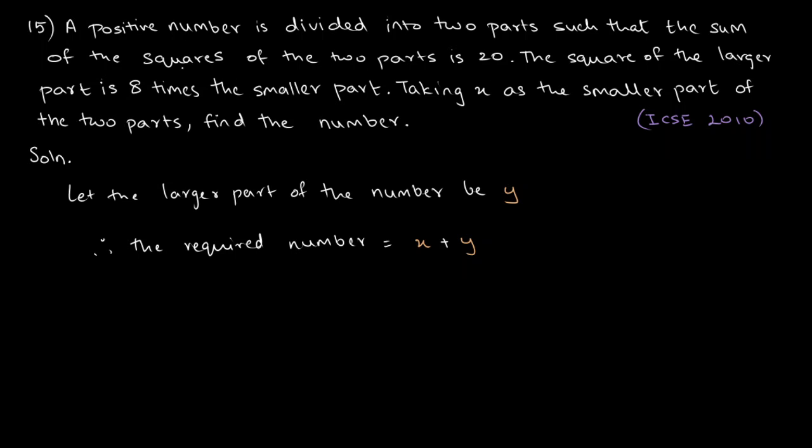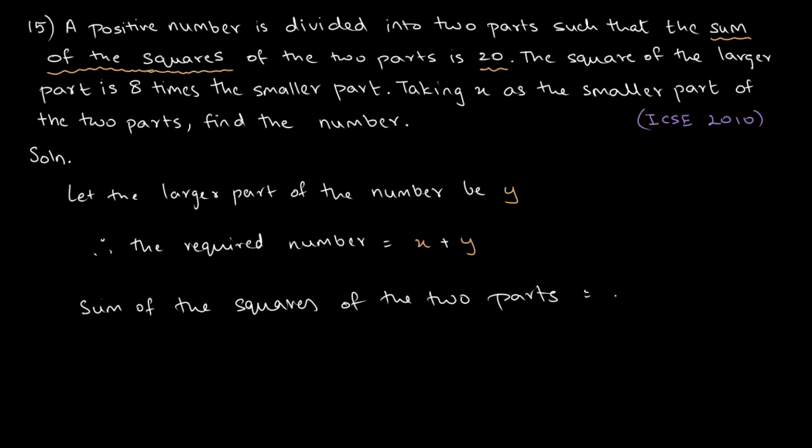Now, the first sentence tells us that the sum of the squares of the two parts is 20. So if x and y are the two parts, the sum of the squares of the two parts is equal to 20.